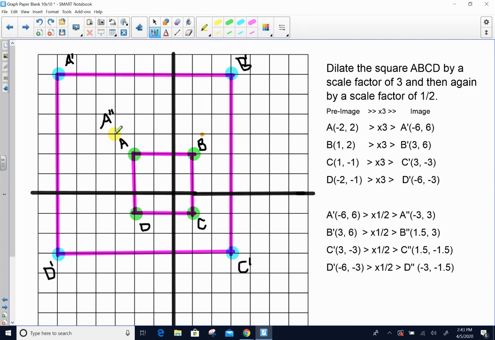Let's make this A prime orange so that way it's consistent. All right, and I'll connect those. A to B prime. And I want to label that, right? Or B double prime, I'm sorry. B double prime.